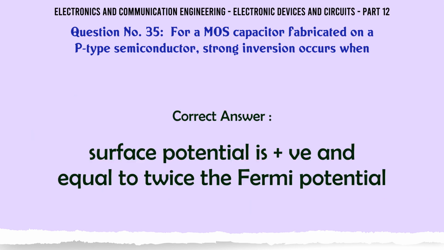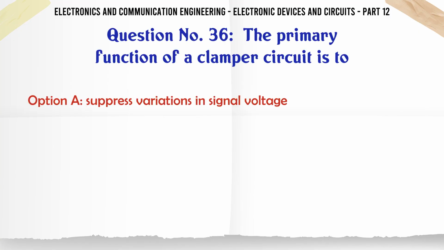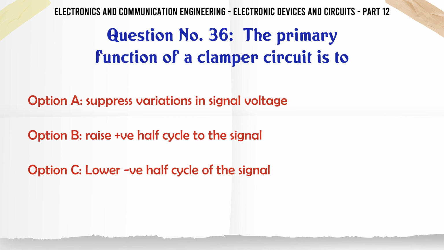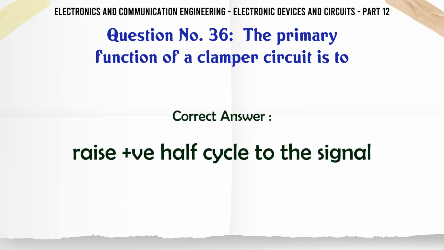The correct answer is surface potential is equal to twice the Fermi potential. The primary function of a clamper circuit is to A) suppress variations in signal voltage, B) raise the half cycle of the signal, C) lower the half cycle of the signal, D) introduce a DC level into an AC signal. The correct answer is raise the half cycle of the signal.